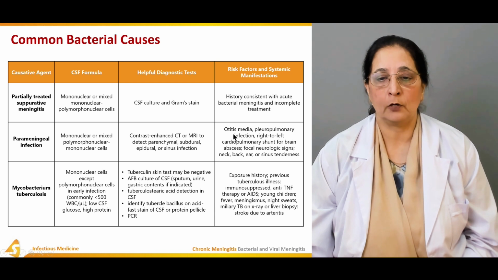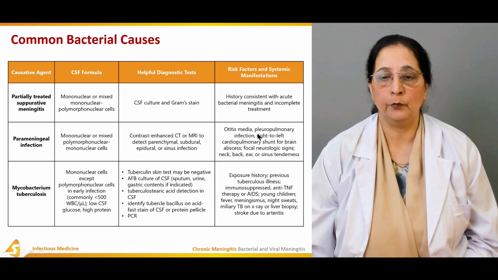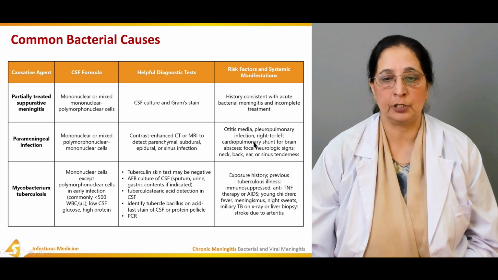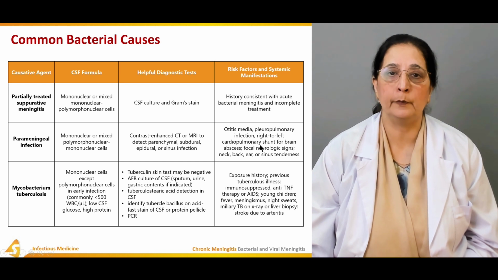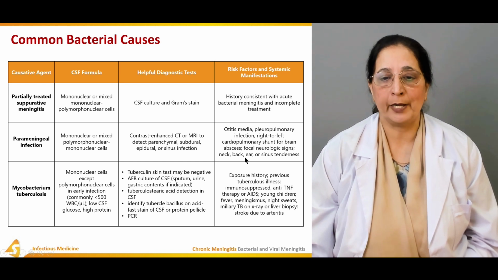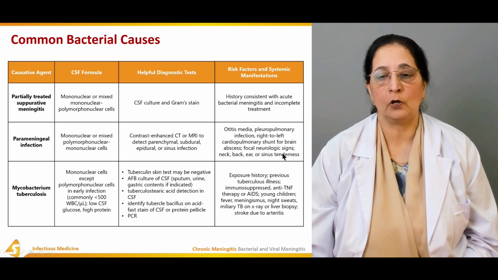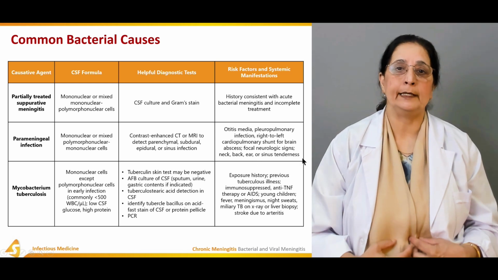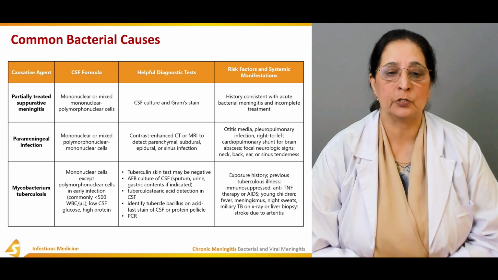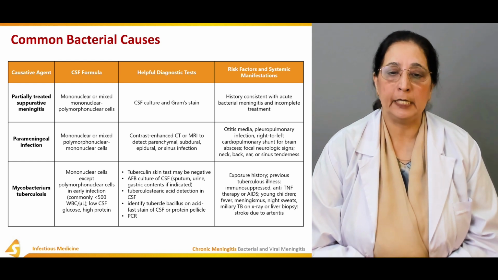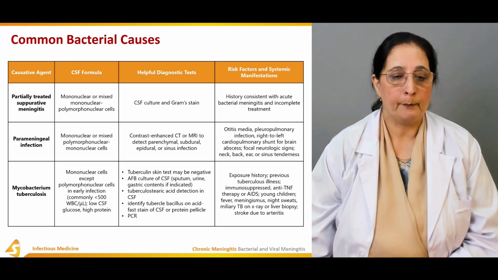We have otitis media, pleuropulmonary infection, right to left cardiopulmonary shunt for brain abscess, focal neurologic signs, and neck, back, ear or sinus tenderness. So these are the clinical manifestations associated with parameningeal infections.